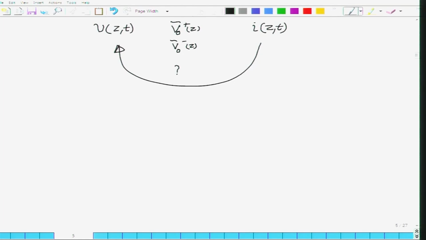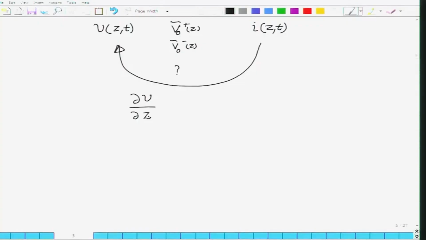In order to do that, I simply need to go back to the original equation for the voltage. Remember, when we were applying Kirchhoff's voltage law, in order to relate voltage and current, we said that the total voltage change del V by del z is equal to minus L del I by del t. Now, instead of considering this voltage V and I, if I go to the phasor domain, then V0 plus of z would be the phasor representing the voltage here.